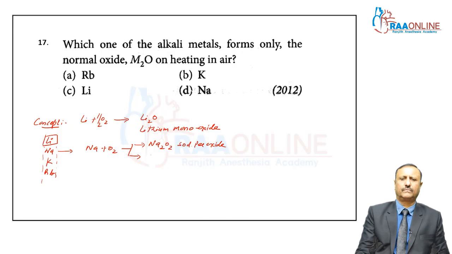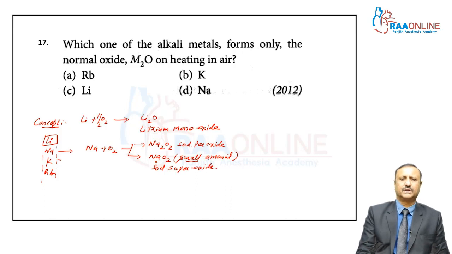A small amount of NaO2 is also there, and it is written in the NCERT book, a small amount, and it is called sodium superoxide, but it is a small amount.